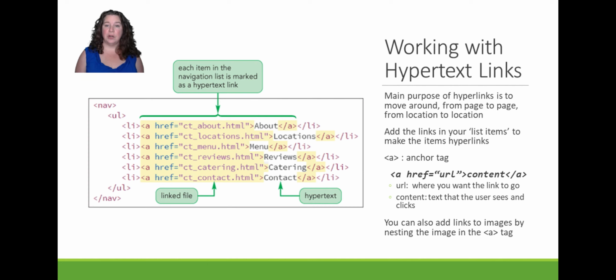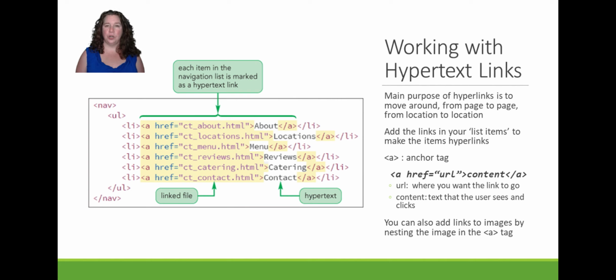Now in a nav bar, which is what we're going to be using, we have a series of list items. And when we created our menu items to begin with, we just created list items and called them about and location and menu and so forth. When we get to the next page, we're going to show you how to add the anchor elements in there so that you can have the anchor and the href or the source that it's going to be going to when you click the link.